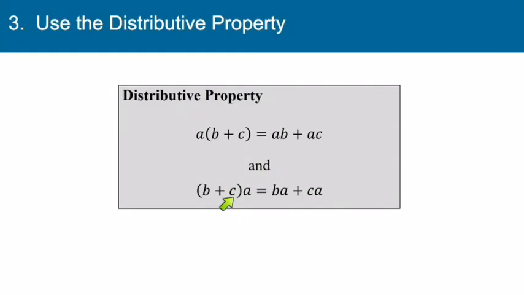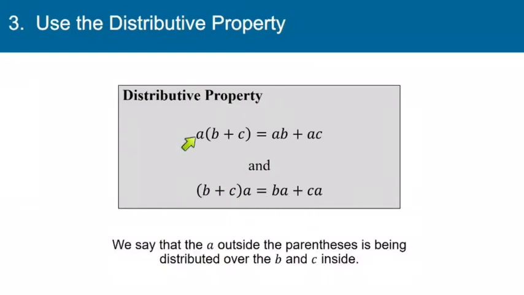If you have it written where it's parentheses times a, you can distribute from the right as well. So in this case, you would get b times a plus c times a, which you see here. And in both of these cases, we would say that the a outside the parentheses is being distributed over the b and the c inside the parentheses.